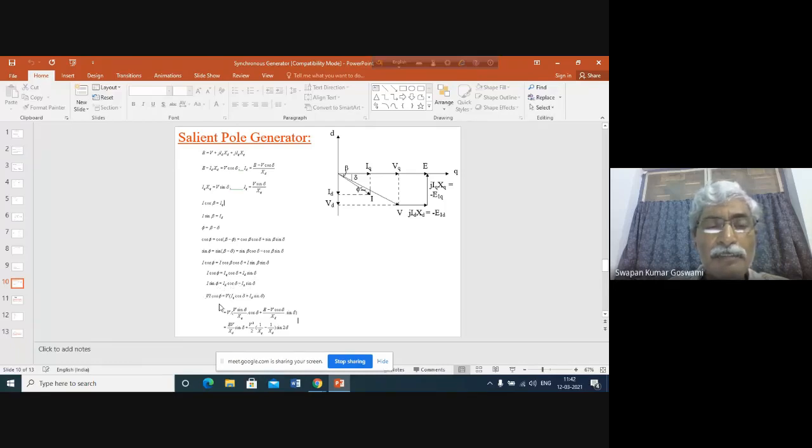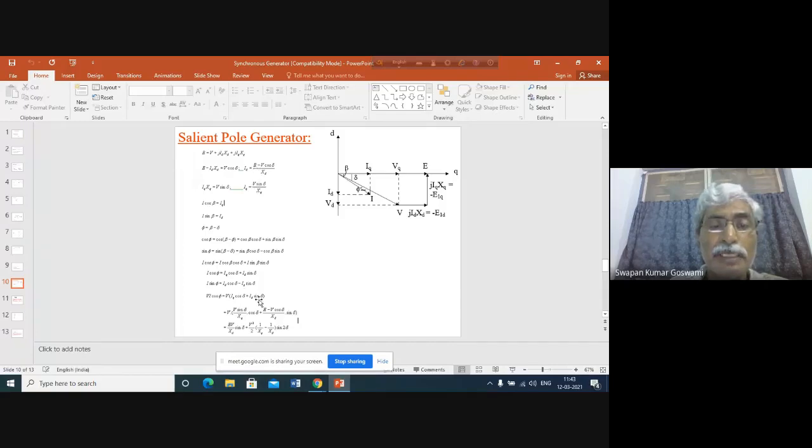And find VI cosine phi. What is the active power? VI cosine phi is the active power. How much is that? V into I cosine phi. I cosine phi is IQ cosine delta plus ID sine delta. So V into, put the value of ID and IQ. This is IQ and this is ID.